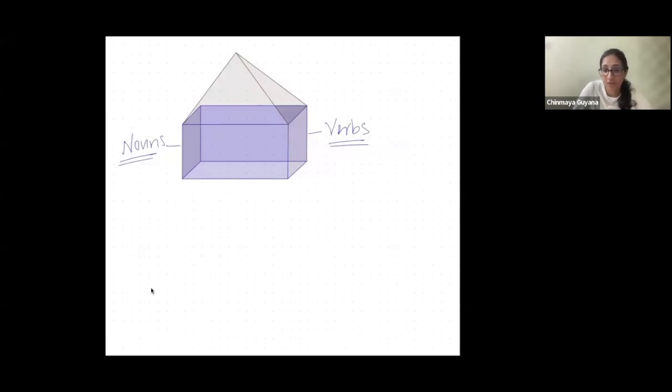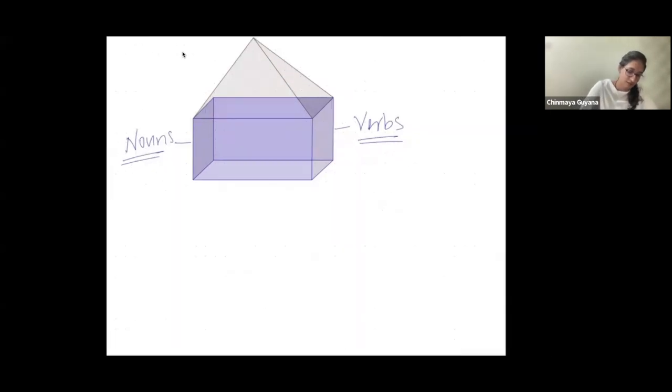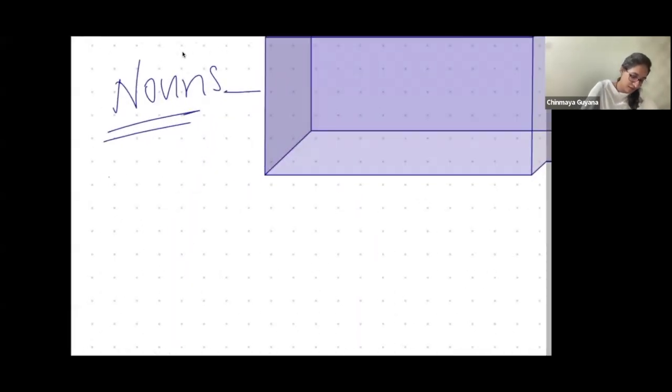For example, they are supposed to have a case. That will be an example of a characteristic. Okay, so nouns will have case. Gender, case, and number.